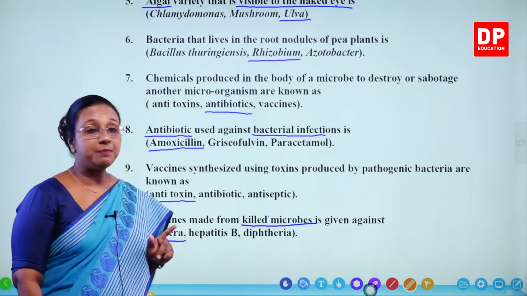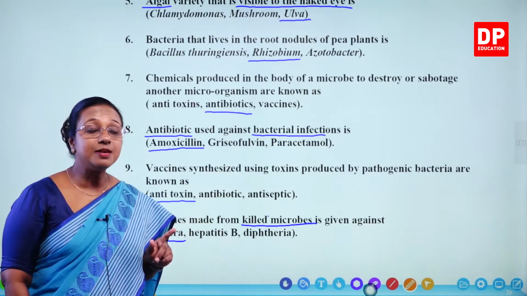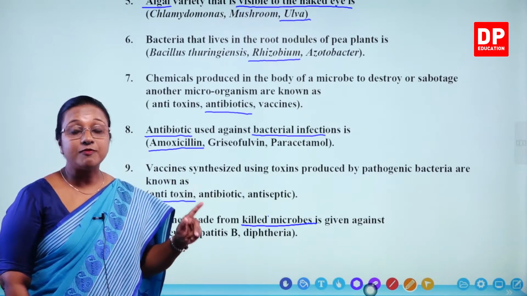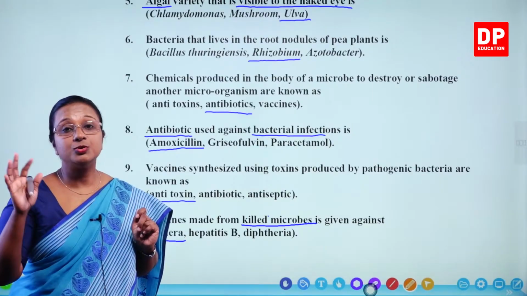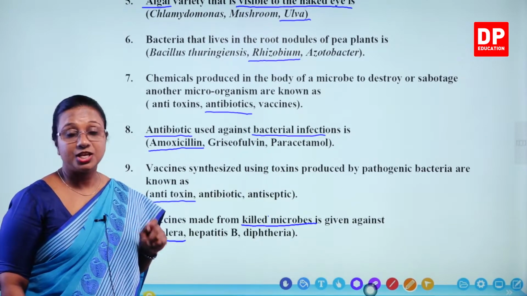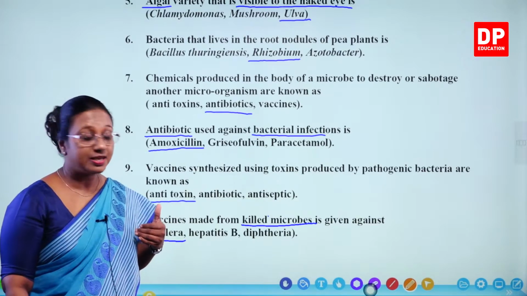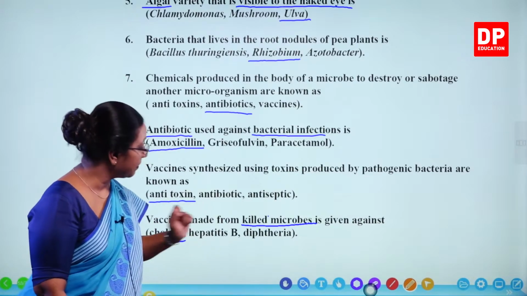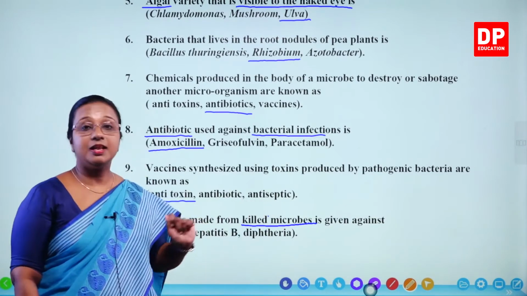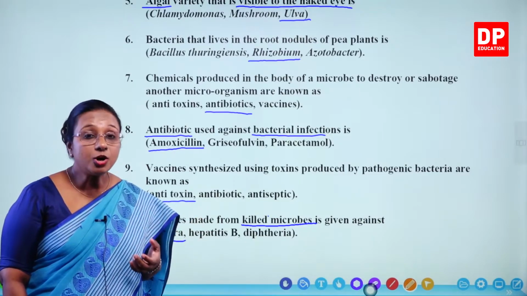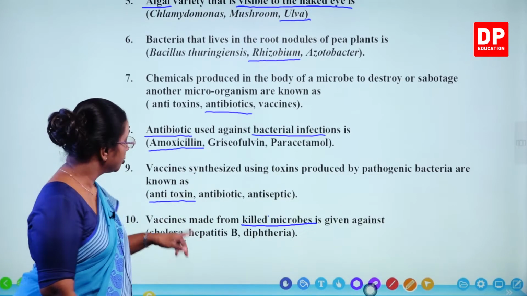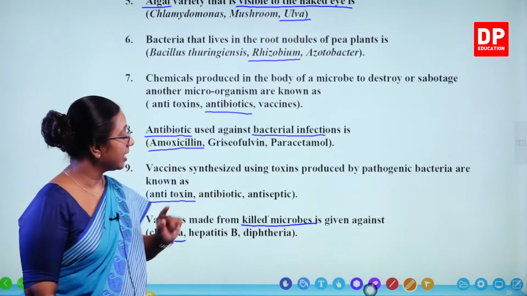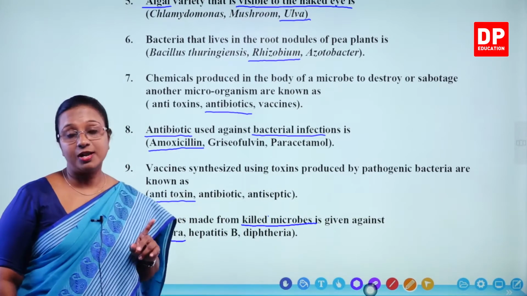Then hepatitis B is made from the body parts of microorganisms that are produced or modified by genetic engineering. Then diphtheria, the vaccine is made from the toxins of microorganisms. So, vaccines made from killed microbes are given against cholera.